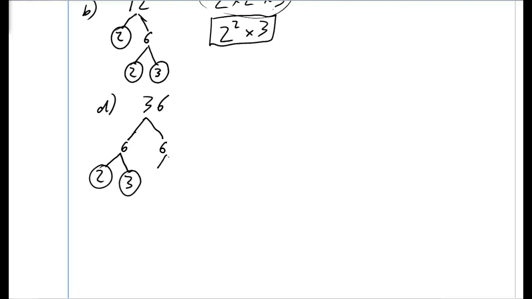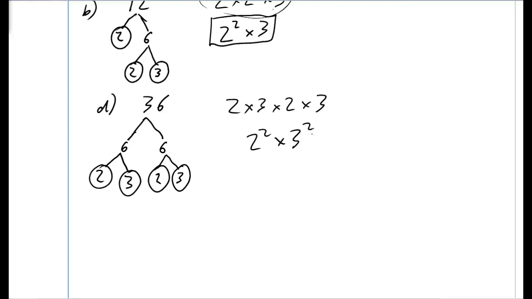And this one, of course, can be 2 times 3. So here's all the prime factors of 36. 2, 3, 2, 3. So in other words, 36 is the same as 2 times 3 times 2 times 3. And as we've seen earlier, if you rewrite these, that's the same as 2 squared times 3 squared.